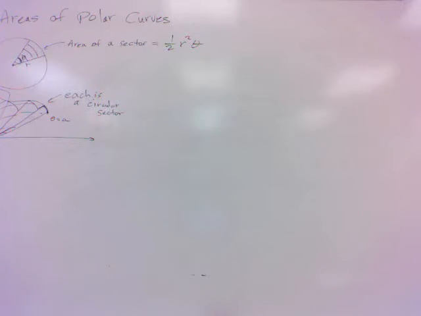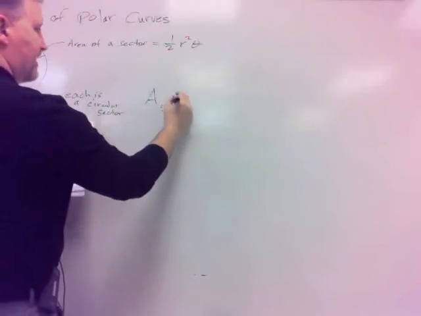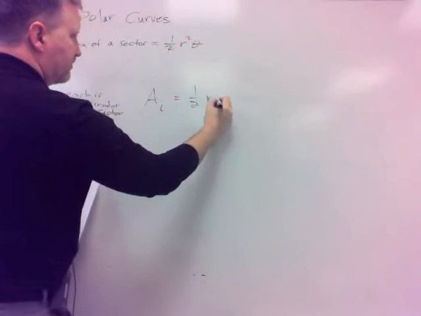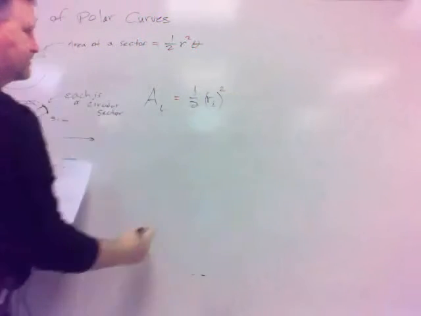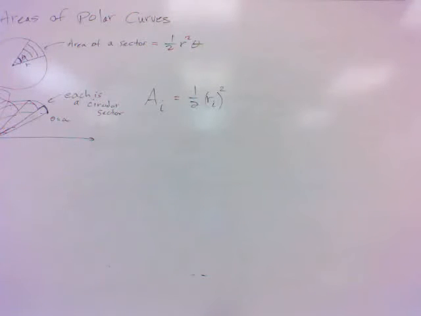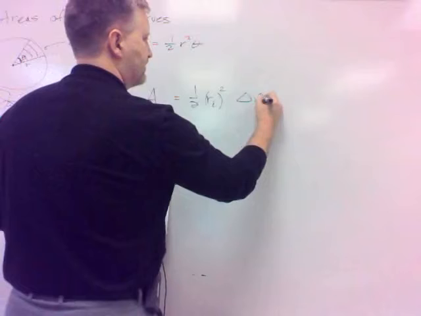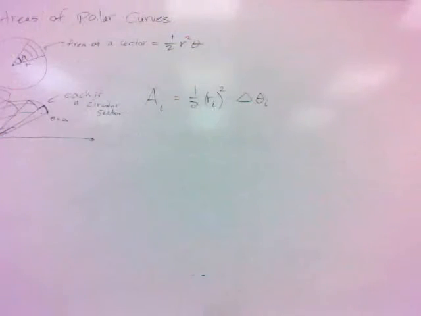Well, what is the area of each circular sector? The area of each circular sector, call it A sub i, is 1/2 the radius, whatever the radius is, squared, times, now what's the angle? Well, that's the change in the angle, our delta theta sub i.